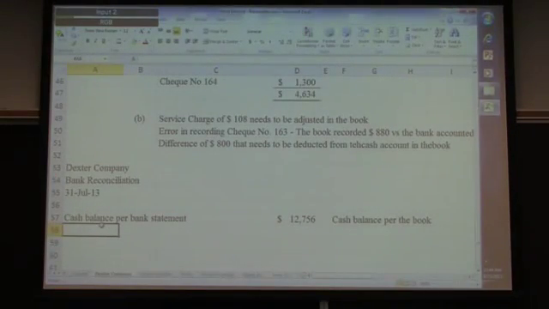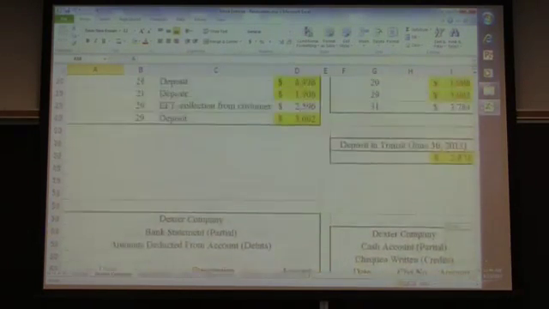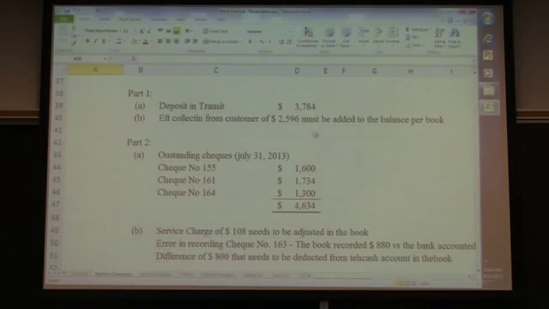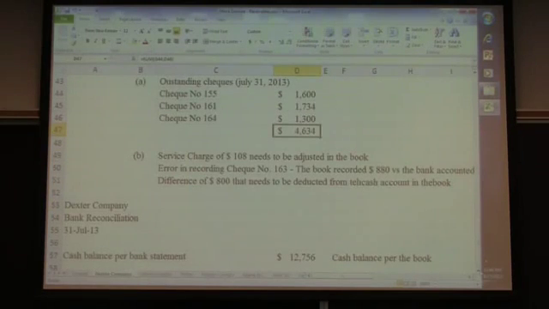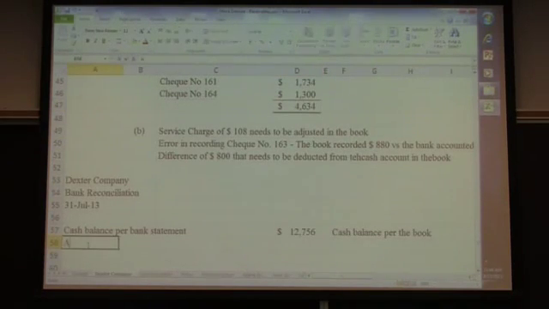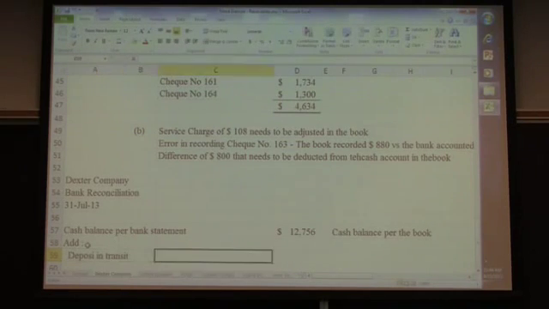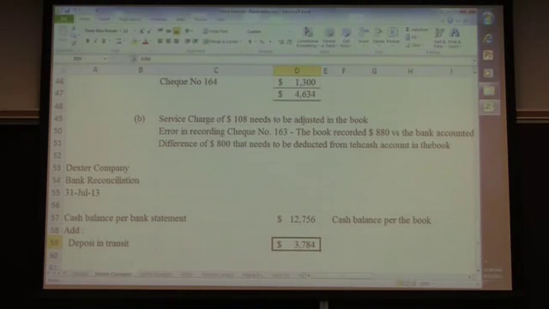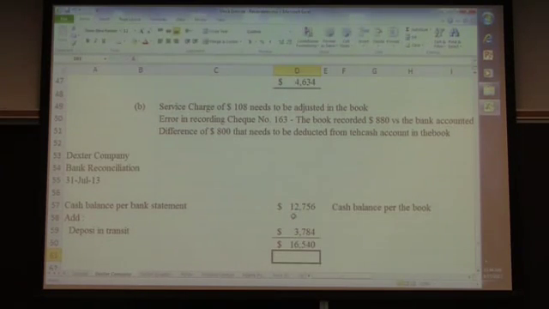Okay, so let's take a look at the bank side. We have calculated earlier that the deposit in transit is 3,784, and the outstanding checks are 4,634. So we add back the deposit in transit, which is 3,784, and that gives me a balance of 16,540.